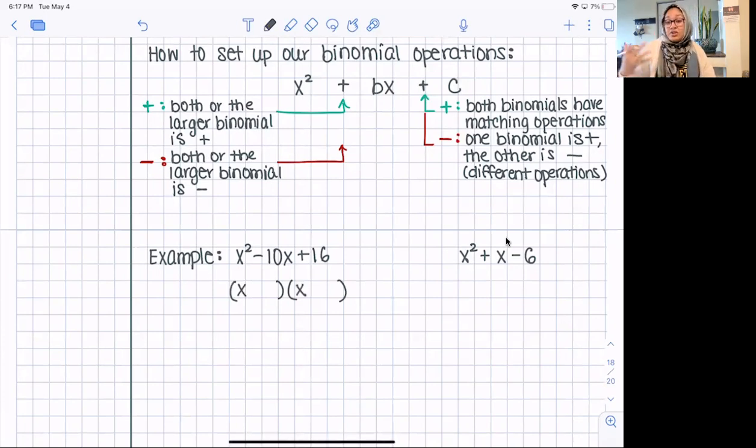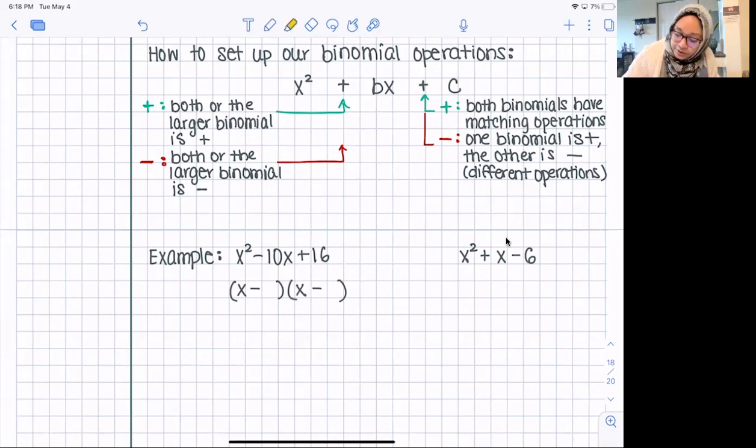But is it going to be addition or subtraction? Now I'm going to look at this operation. There's a minus sign. So that means they're going to have matching minus symbols as their operation.